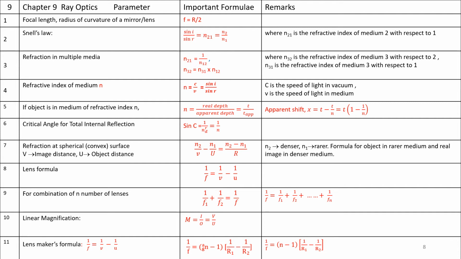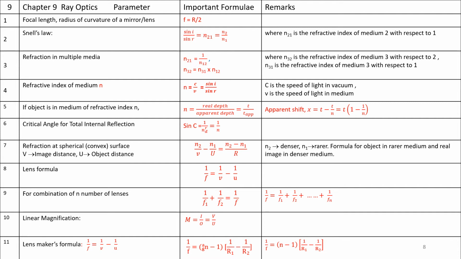Refraction in multiple media is given by n21 is equal to 1 over n12, or n32 is equal to n31 into n12. Refractive index of a medium n is equal to the speed of light in vacuum divided by the speed of light in the medium, which is given by the relationship sin i by sin r.